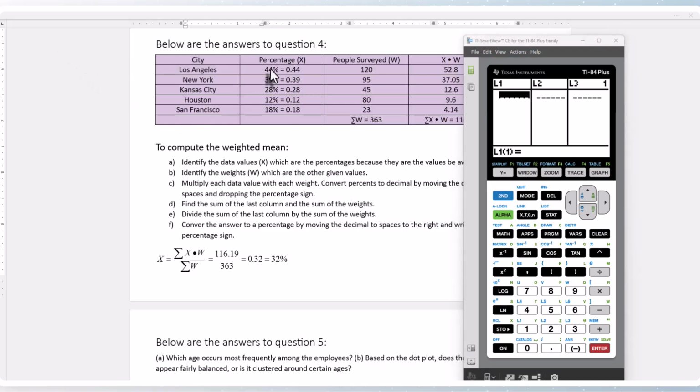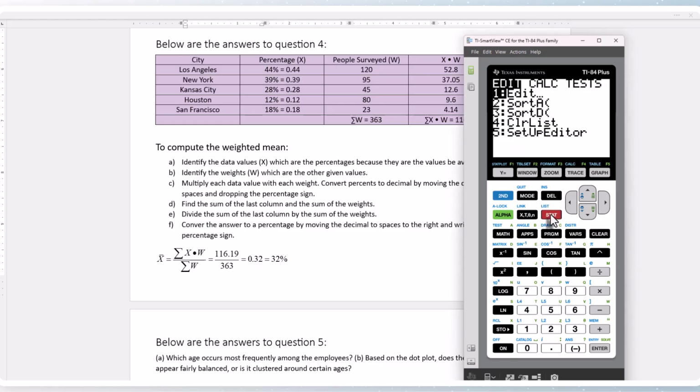In this case, I'm just going to type in the percentages without the percent sign. 44, 39, 28, 12, 18. In L2, we type in the weights. 120, 95, 45, 80, 23.